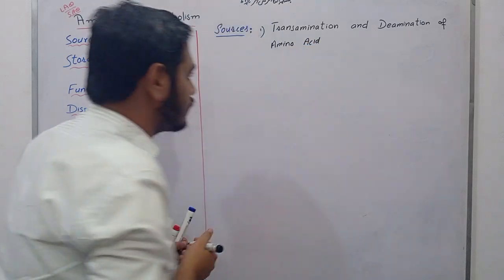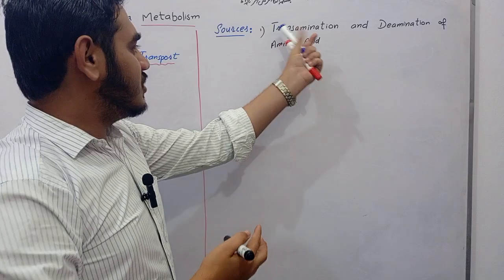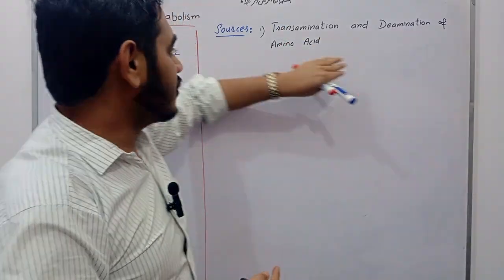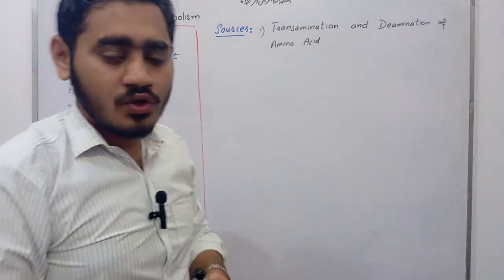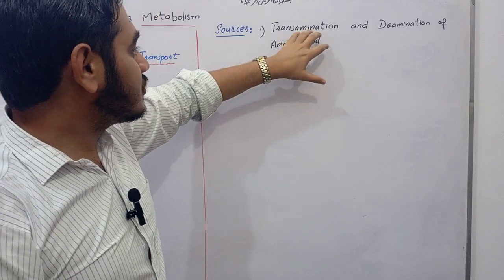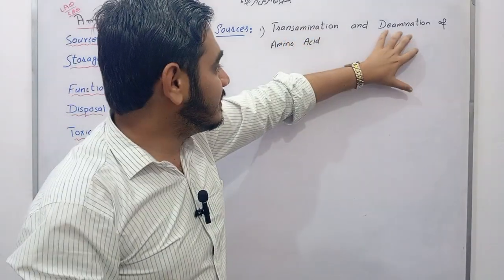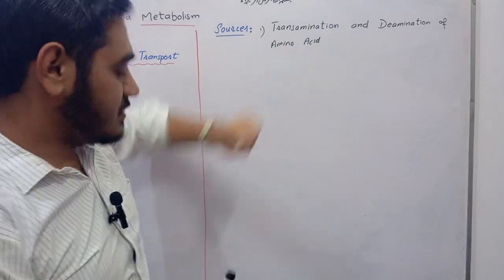This is the first source. Transamination and deamination of amino acid. Now, what does it mean, the transamination and deamination of amino acid?